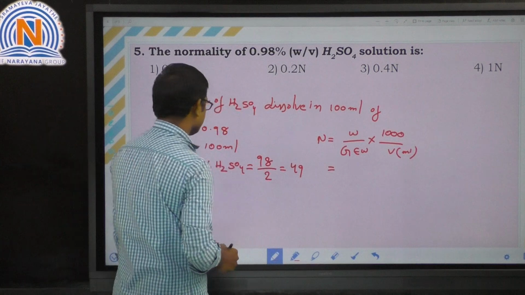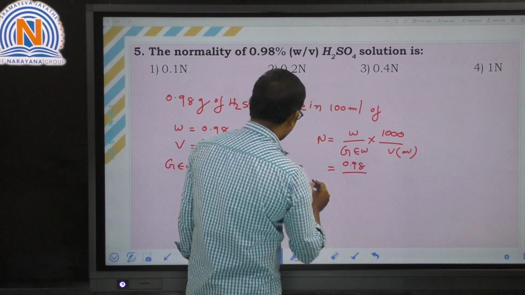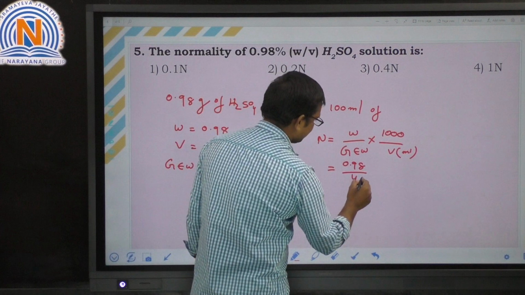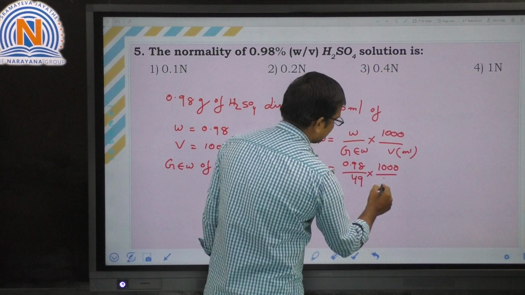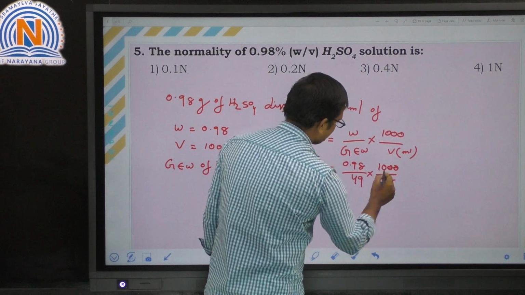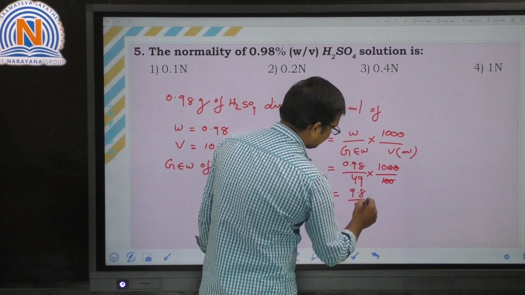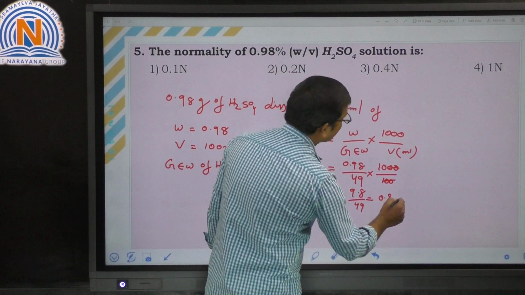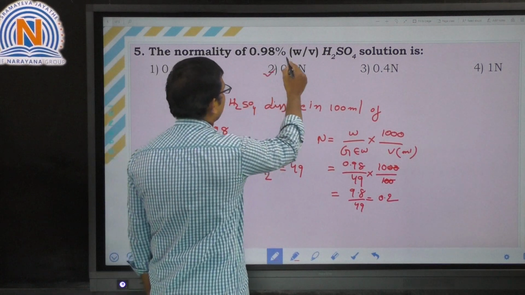So weight equal to 0.98, gram equivalent weight 49, into 1000 by volume 100. So 9.8 by 49, 0.2. The answer is 0.2 normality.